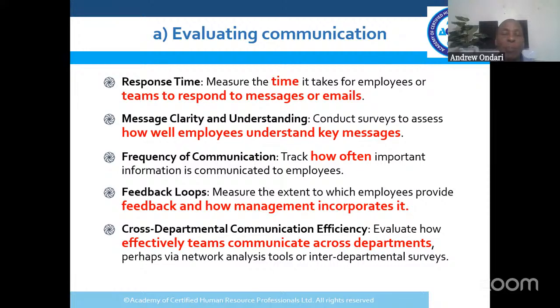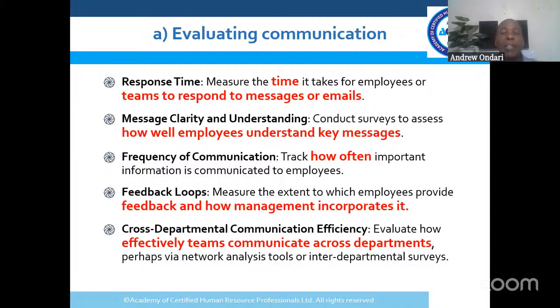That is the response time. As HR auditors, we want to audit or evaluate the time taken for any individual or group to pass information, either from one individual to another or from one group to the next, or it could be between management and employees and vice versa.